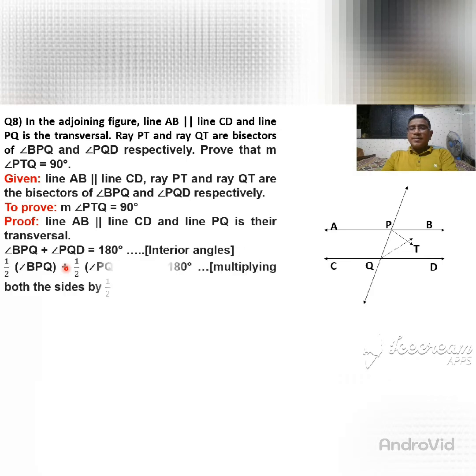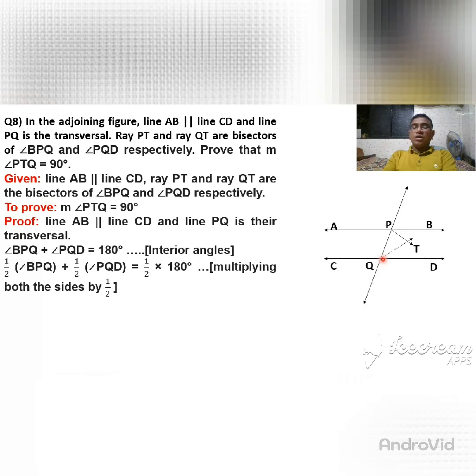So using the angle bisector, we multiply both sides by half. Why are we multiplying both sides by half? Because PT is the angle bisector of P and QT is the angle bisector of Q. Angle bisector means divided into equal parts.